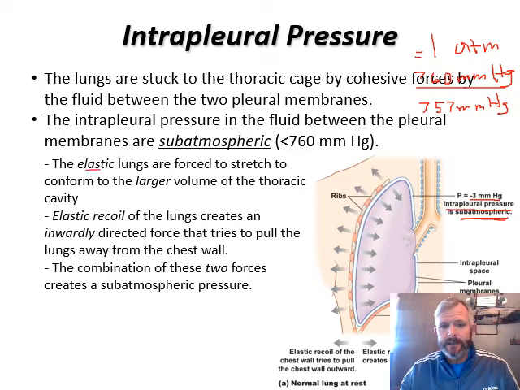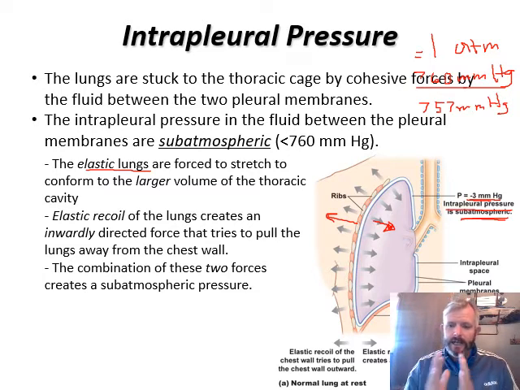Again, the elastic lungs are forced to stretch. That's pulling in this direction. The lungs want to recoil, so they're pulling in this direction. And these two forces create this subatmospheric pressure. Okay? This is important because this is going to allow us to keep the lungs tethered to the rib cage.